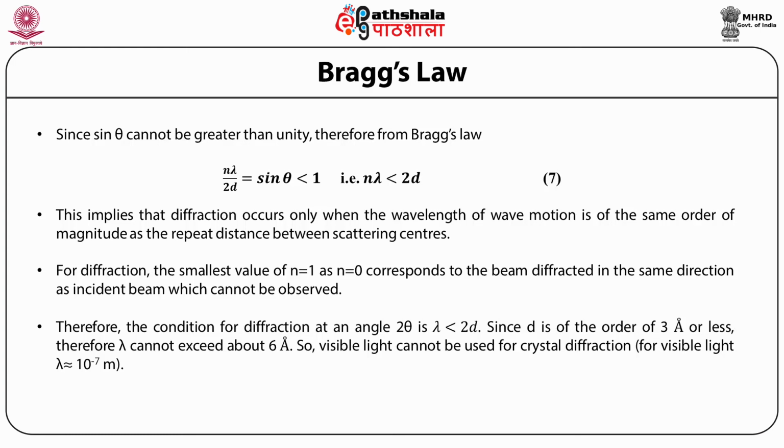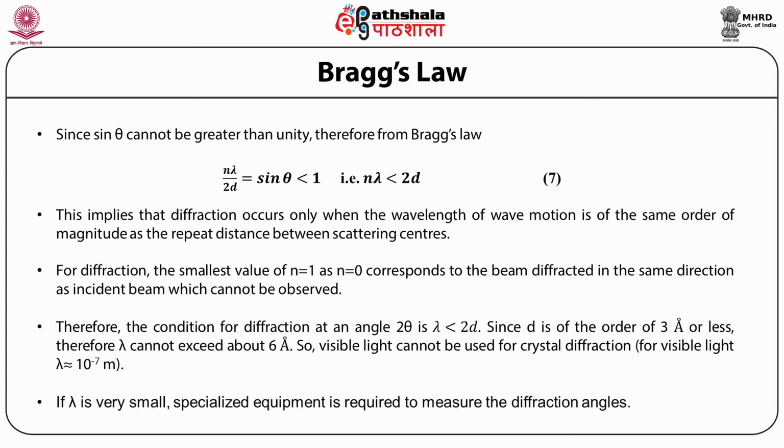Since d is of the order of 3 angstrom or less, lambda cannot exceed about 6 angstrom. So visible light cannot be used for crystal diffraction. That is, for visible light, lambda is approximately 10 raised to the power minus 7 meter. If lambda is very small, specialized equipment is required to measure the diffraction angles.